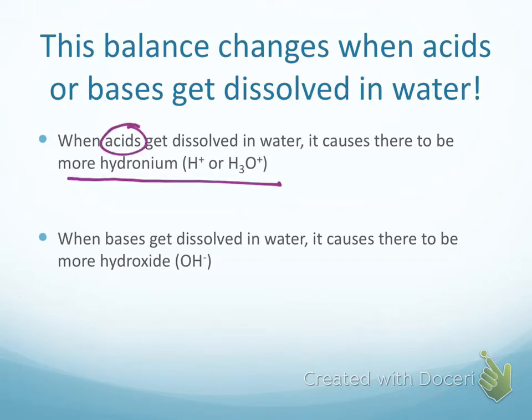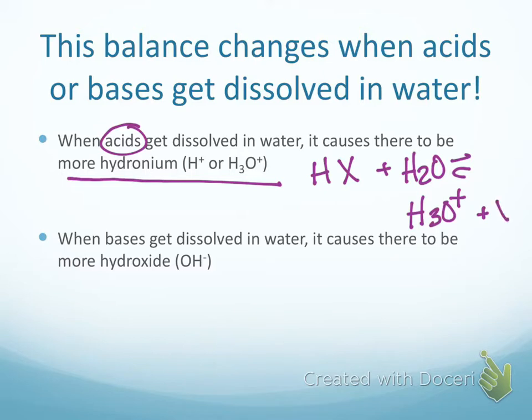You'll remember when we looked at acids, acids always had a hydrogen that they could give away, right? So if an acid is being dissolved in water, you might remember when we did Bronsted-Lowry that you're going to get hydronium, right? And then you'll be left with whatever else.